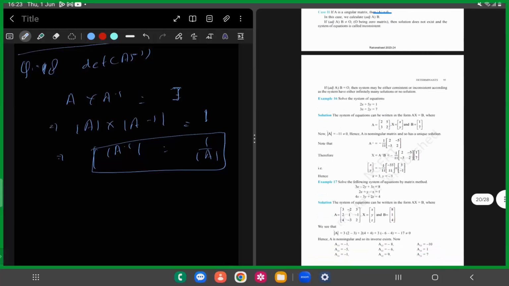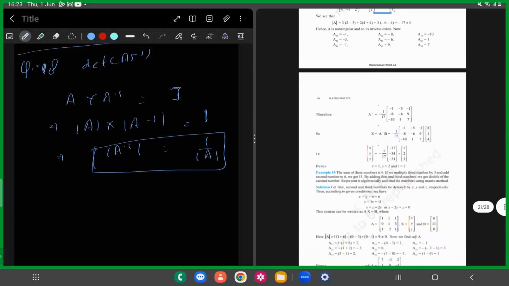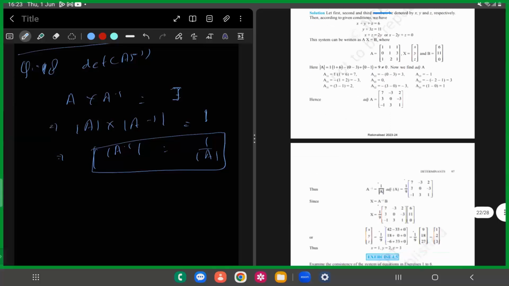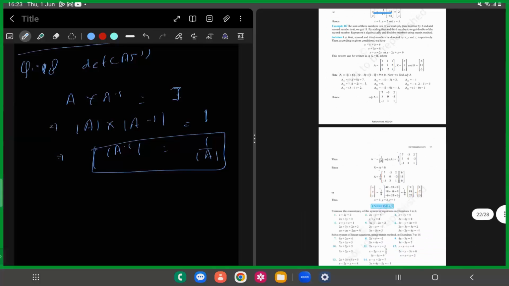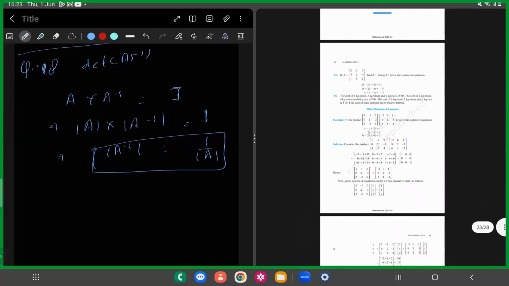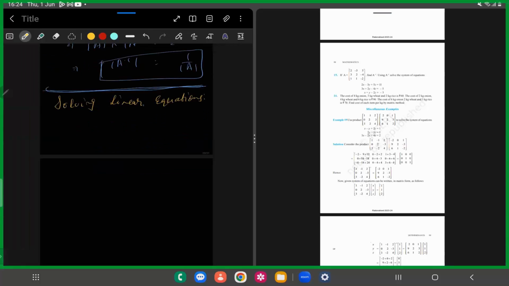So in the next part we have some applications of the determinant, and the important application of the determinant is in solving linear equations. You have already solved linear equations in two variables or three variables in the previous classes. The basic method was the elimination method, where we used to eliminate a variable and substitute its value in other equations.